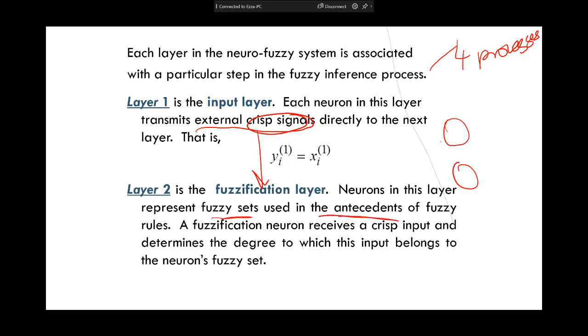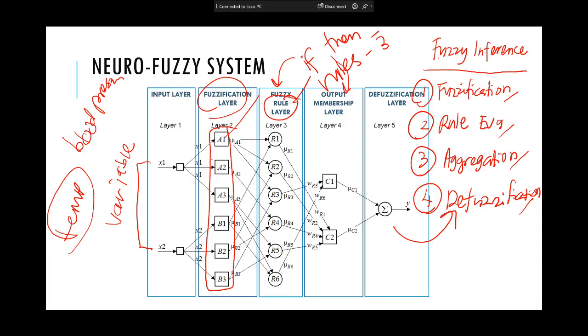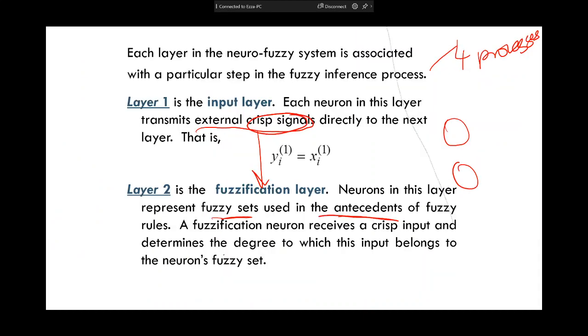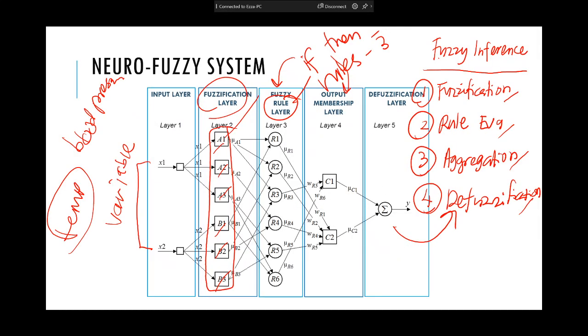Here you have 1 2 3 4 5 6 neurons, representing the fuzzy sets or fuzzy values used in the antecedent of fuzzy rules. A fuzzification neuron will receive a crisp input from layer 1 and determine the degree to which this input belongs to the neuron's fuzzy set.